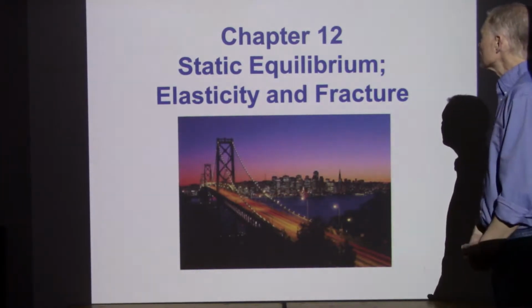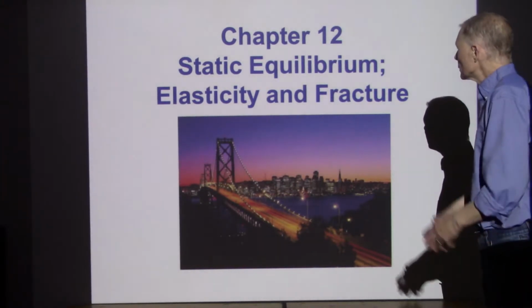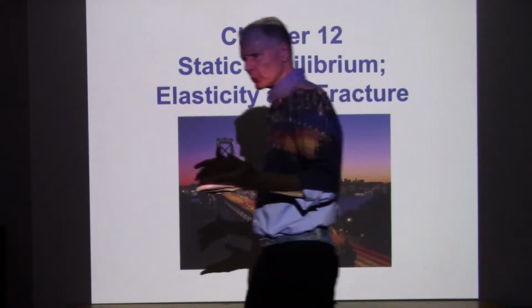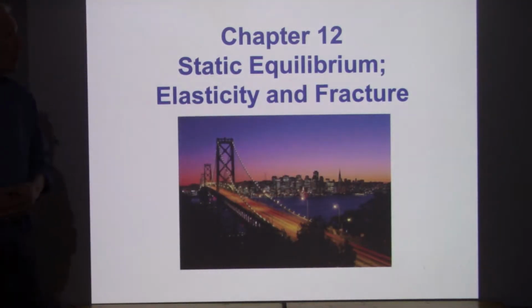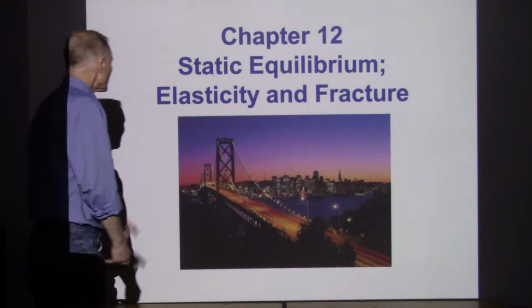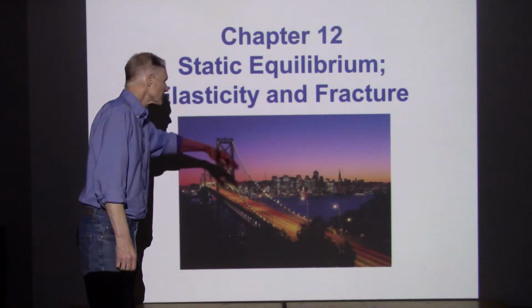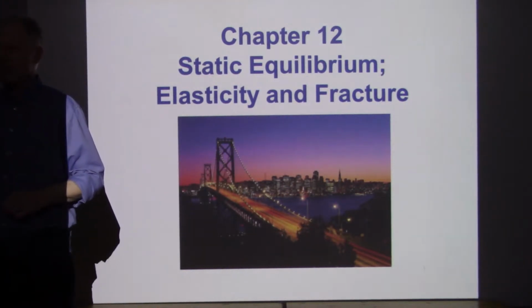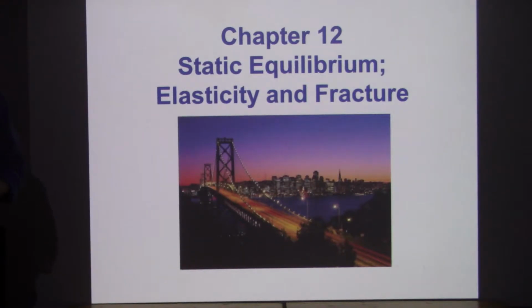Chapter 12 is looking at static equilibrium. It's kind of the first half of the chapter. Now, static equilibrium, they've got a nice picture of the Bay Bridge here. That's a really nice shot. And when you build a bridge or you build buildings like this, the intention is that they don't collapse.